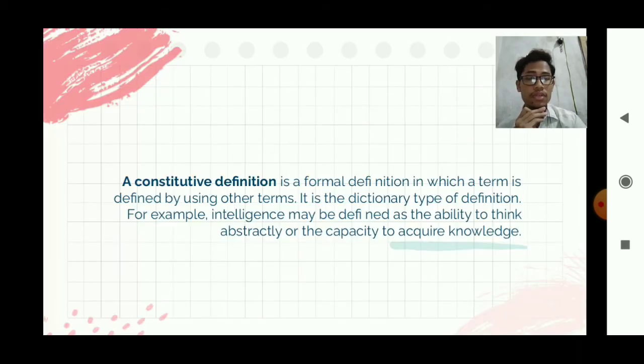A constitutive definition is a formal definition in which a term is defined by using other terms. It is the dictionary type of definition. For example, intelligence may be defined as the ability to think abstractly or the capacity to acquire knowledge.